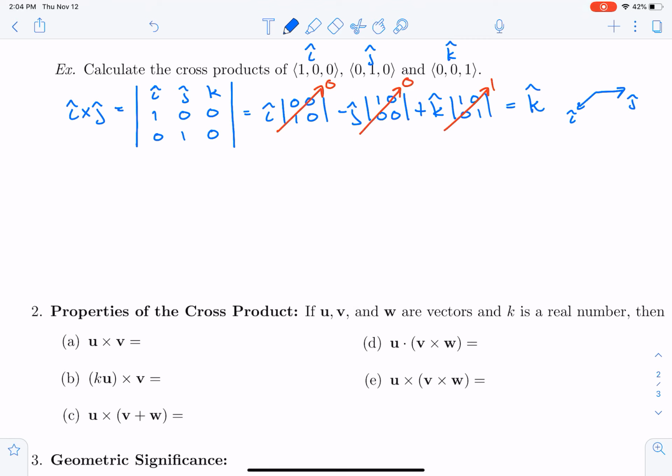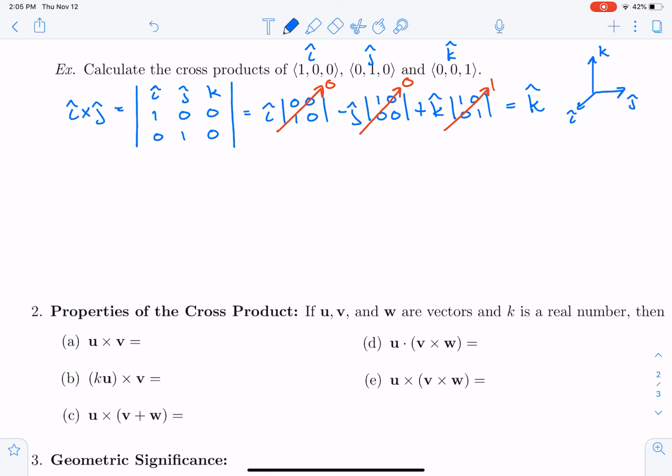So the only direction that could possibly be for the resulting cross product is actually k, which is pointing up, so that k is perpendicular to both i and j. So i cross j equals k.